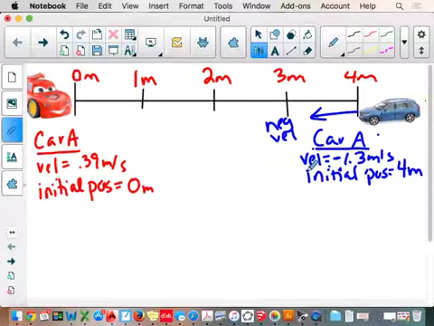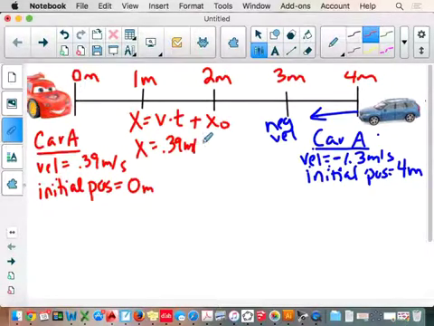All right, now, to write our math models, we're just going to use the format position equals velocity times time plus initial position. So in this case, for the red car, or car A, our position is 0.39 meters per second t plus 0 meters.